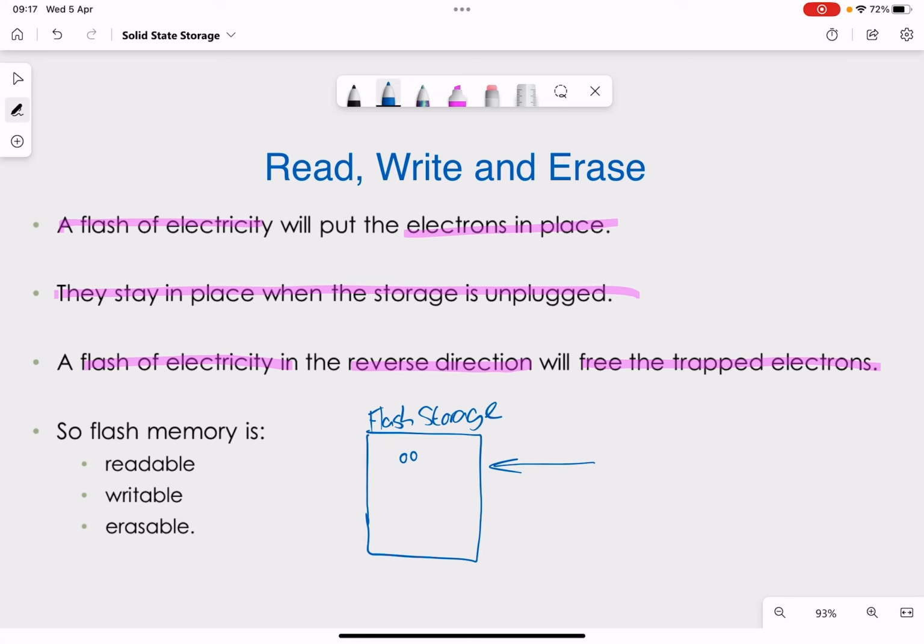If we want to remove the electrons, we put a flash of electricity the other way, which will wipe them out, and then again it can be read by the storage device to see if there's electrons there or not. So that is how we read, write, and erase from flash storage.